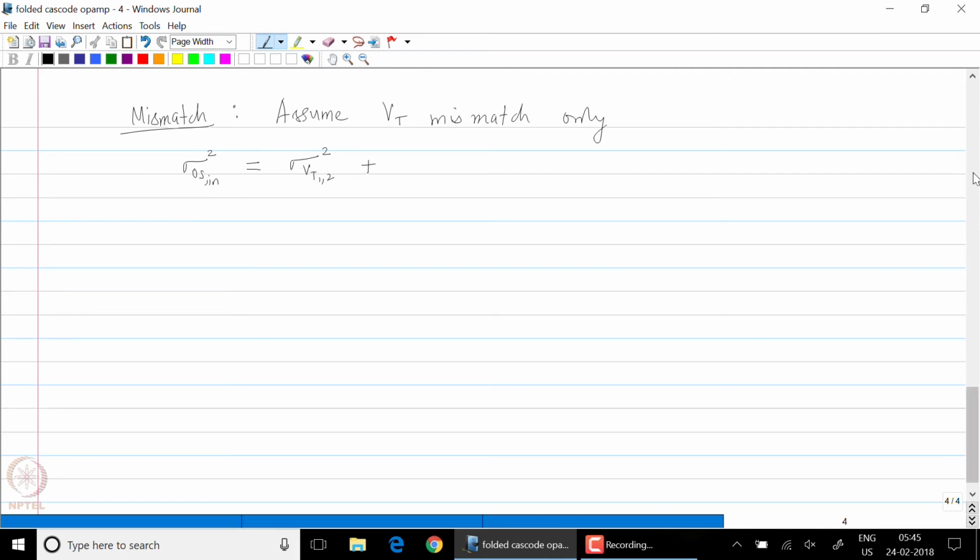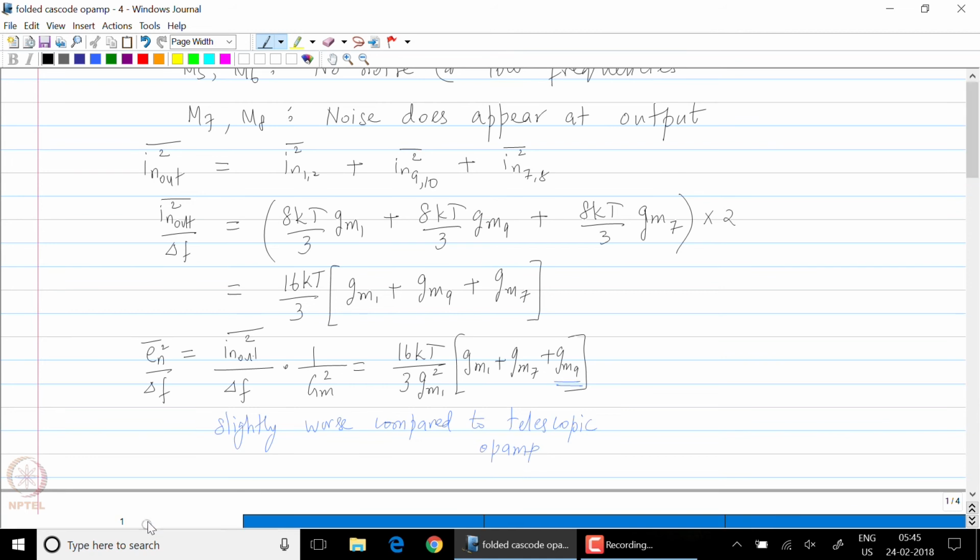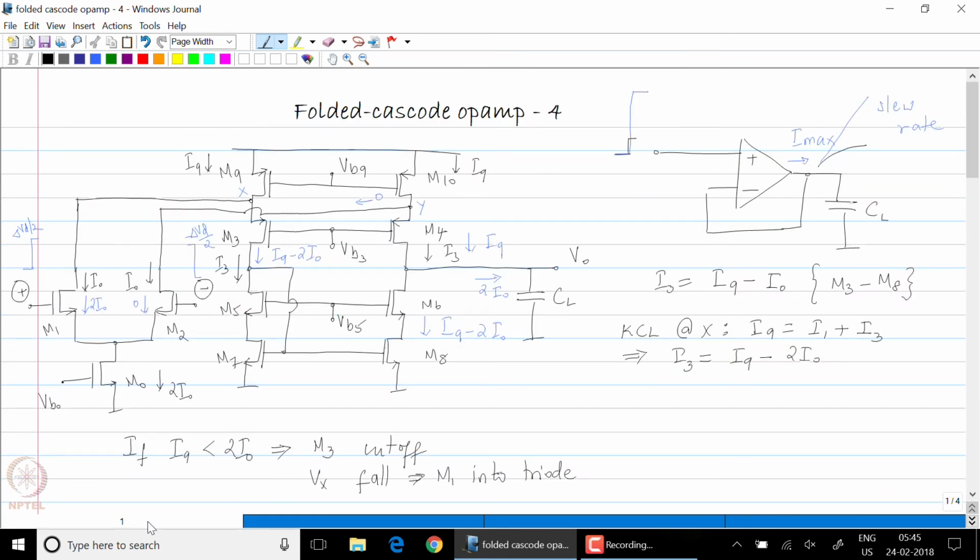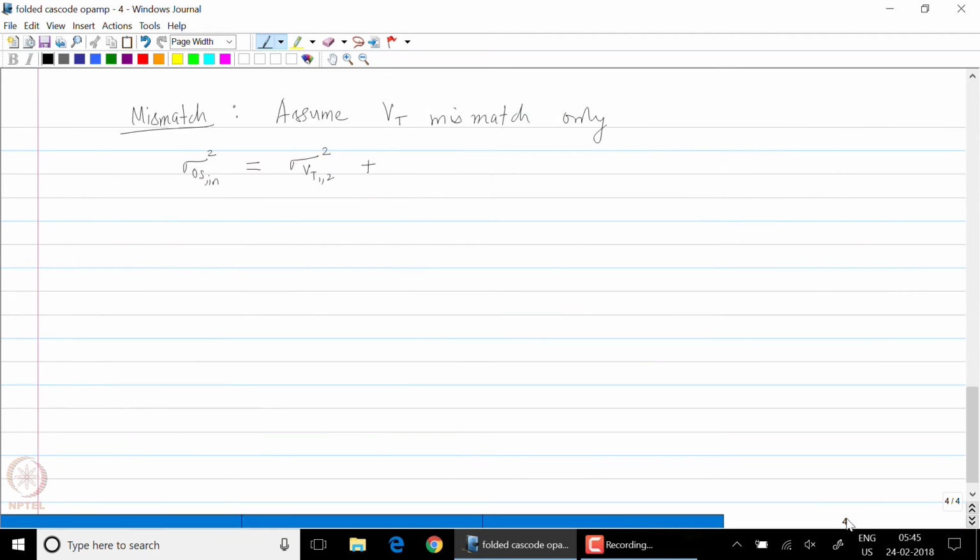As you might imagine, the mismatch between cascode transistors M3, M4 and M5, M6 do not appear as an input referred offset at the input. We have seen this effect before, even for the telescopic op-amp, and therefore the other expressions you will get will now depend on VT 7 and 8 and 9 and 10.